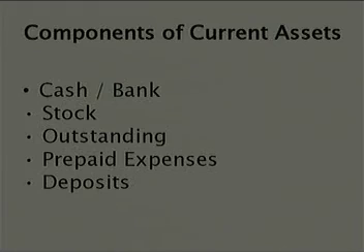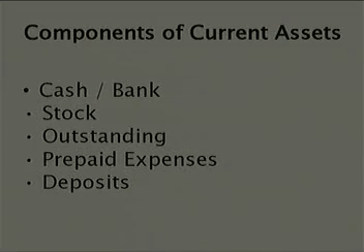Suppose you have done a billing of 100 lakhs or let us say 100,000. Now, out of this, the client might have paid you only 70,000. So, 30,000 is the outstanding as far as the company is concerned. So, this you are likely to get within a period of less than 1 year. So, they are also classified under current assets.